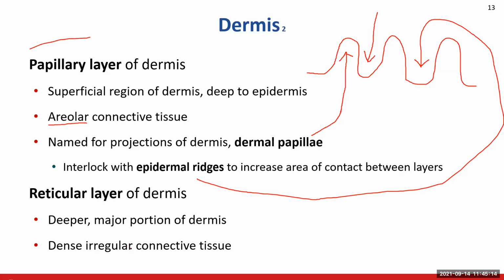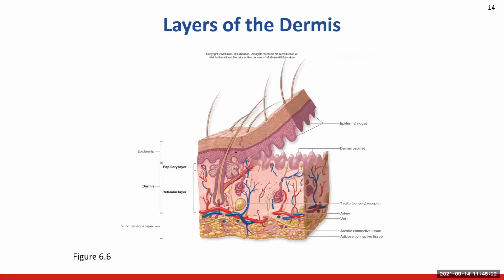And pretty much that's where we're going to find a lot of stuff, but that's where we're going to find the dense irregular connective tissue. All right, so here you can see this interlocking mechanism between the epidermis and the dermis. The epidermal ridges are downward bumps, and then the dermal papillae are upward bumps that come from the papillary layer.